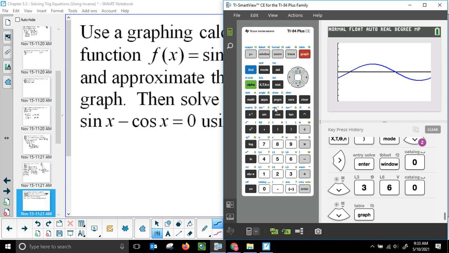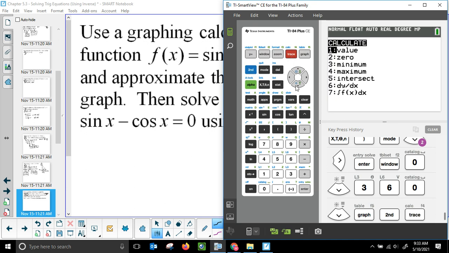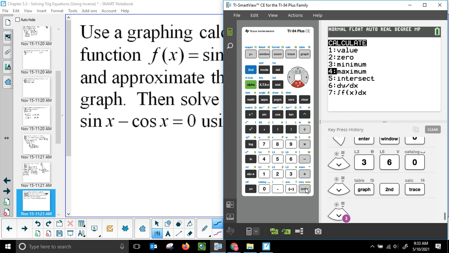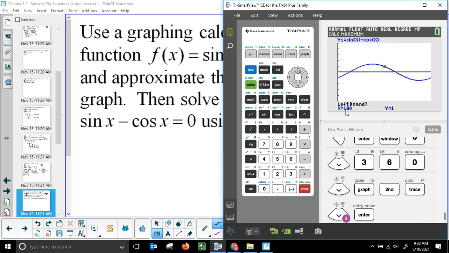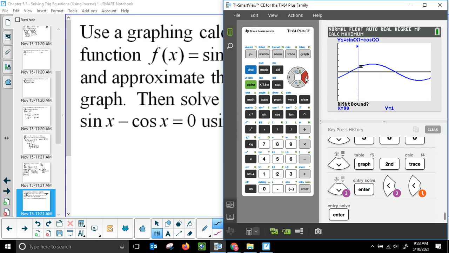Here we can just use our second trace feature and go down to maximum. It says left bound, so my cursor needs to be somewhere to the left of that maximum point. Hit enter. Right bound, I need to be somewhere to the right of that maximum point. You can just hit enter.